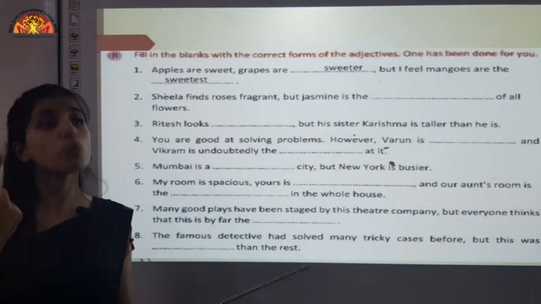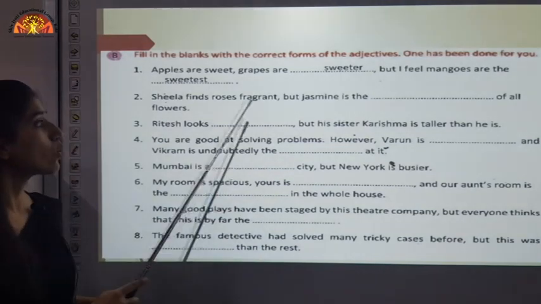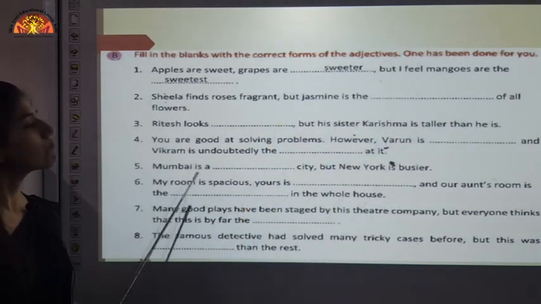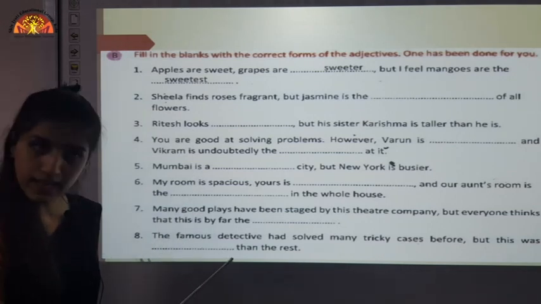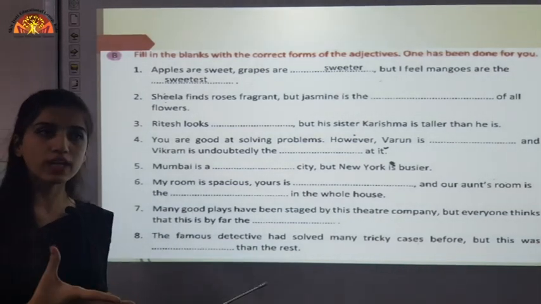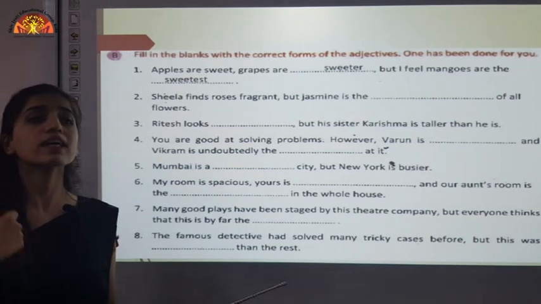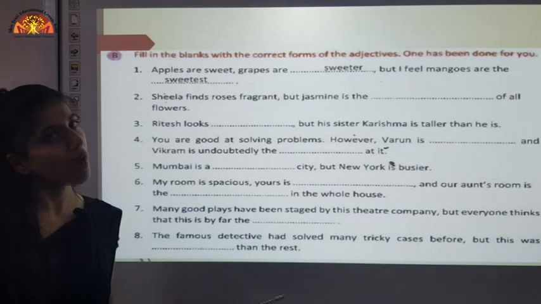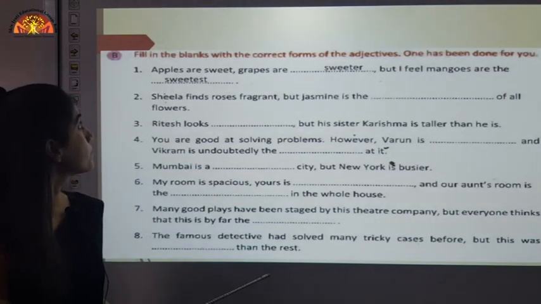So we have to use the superlative degree over here. So we will be using most fragrant of all the flowers. So the rest will be done like this only. You have to identify the adjective and then you have to put the correct degree of comparison over here.